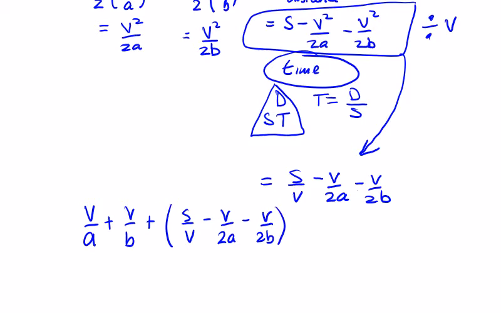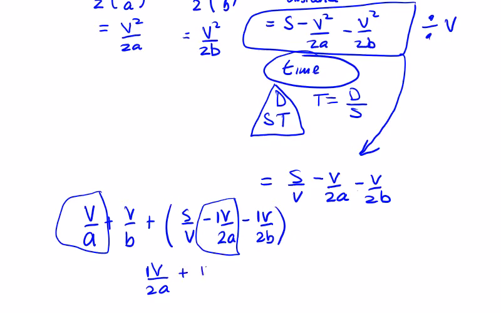Now if we just put a number in here, that's a half of v over a and that's a half of v over b. So we have a full v over a here and we're taking away a half of it, so it's going to leave a half of it, or just v over 2a. Similarly with the v over b, we're going to leave v over 2b.